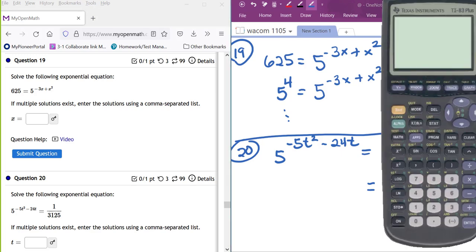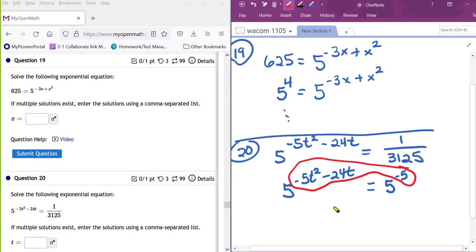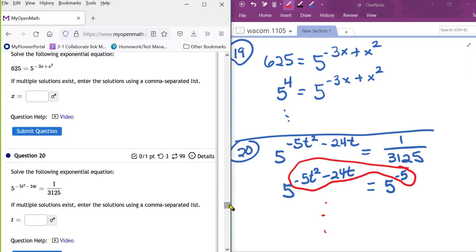You can check on your calculator. Right, yes, 5 to the 5th is 3125. So if we do 5 to the negative 5 here, then we're going to be set. And we will just set those exponents equal, bring them down and solve. It will also be a quadratic equation. So we'll put dots there, and you can check that later.